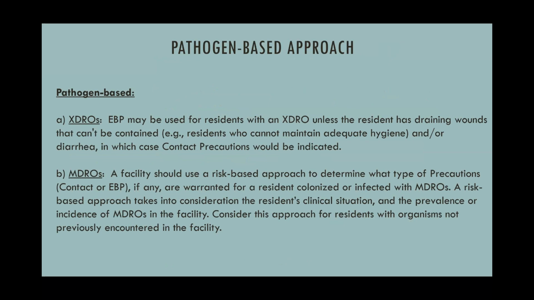Enhanced barrier may be used for residents with an XDRO unless the resident has draining wounds that cannot be contained and/or diarrhea, in which case contact precautions would be indicated. Should the resident have an MDRO, facilities should use a risk-based approach to determine what type of precautions, if any, are warranted for a resident that is colonized or infected with an MDRO.